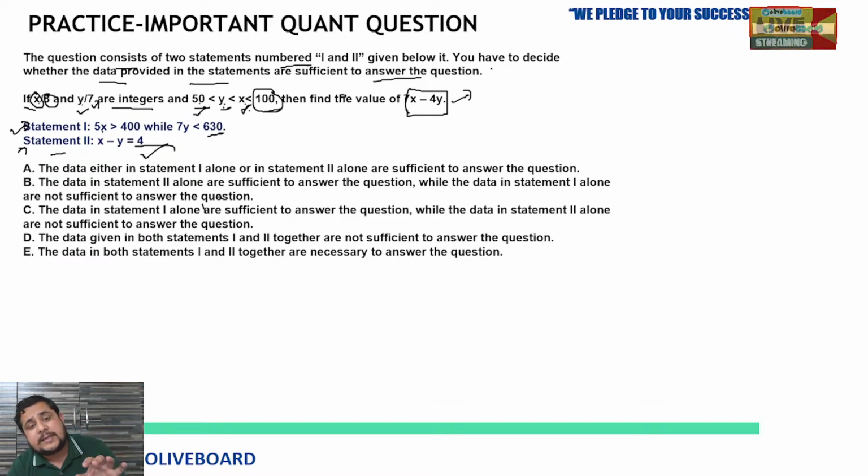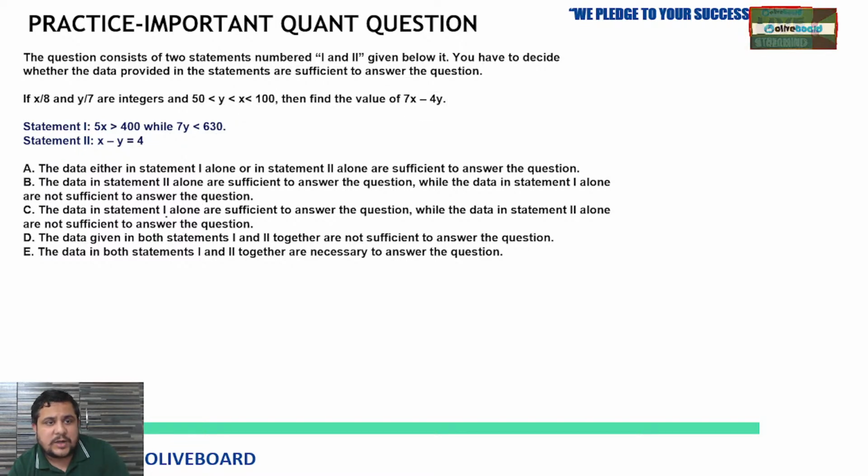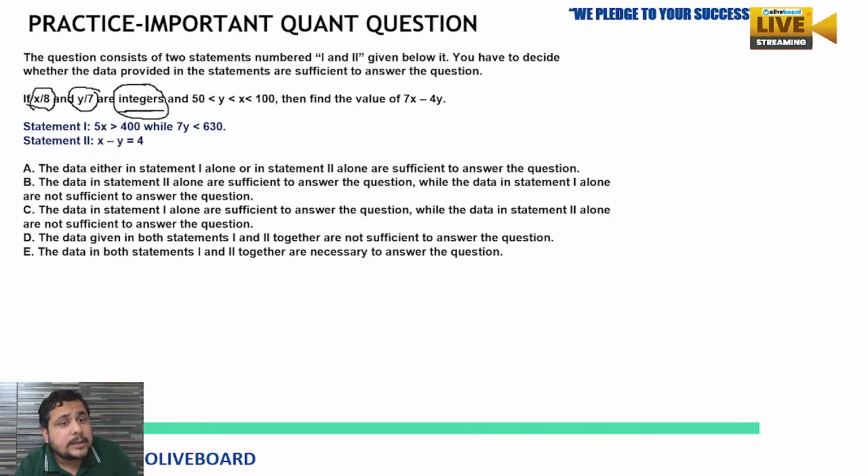Okay, this is a different kind of question. They have given us some conditions. First of all, you have to understand what you need to determine. If x by 8 and y by 7 are integers, integer means the value which is not in decimal, a whole number value, right?